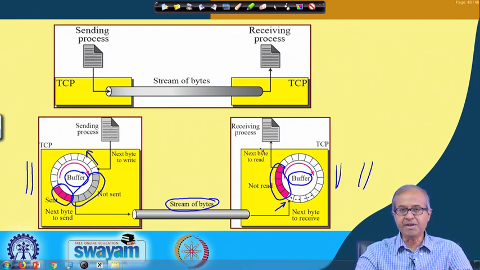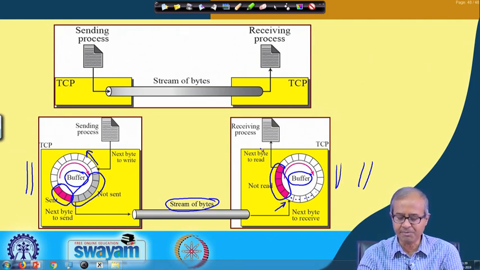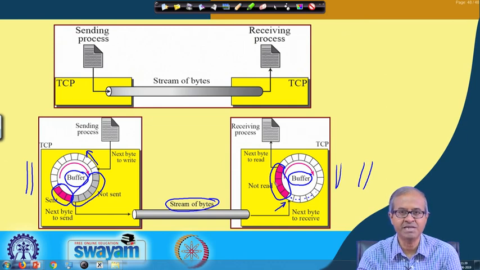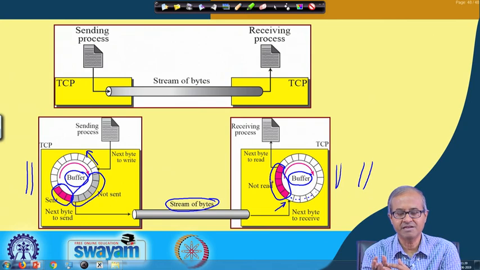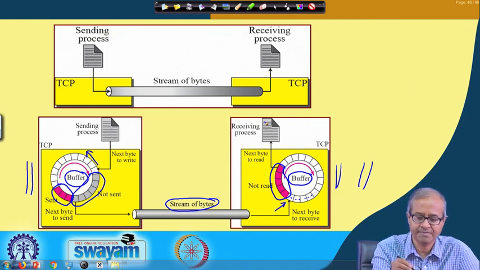Now, TCP maintains this buffer automatically. You see, due to some error in between, it may see that somewhere in between there is a vacancy, all bytes have not yet been received. So, there will be an acknowledgement mechanism, the receiver will be requesting the sender to send back the missing bytes again, so that the receiving process can be forwarded the bytes in the correct order.